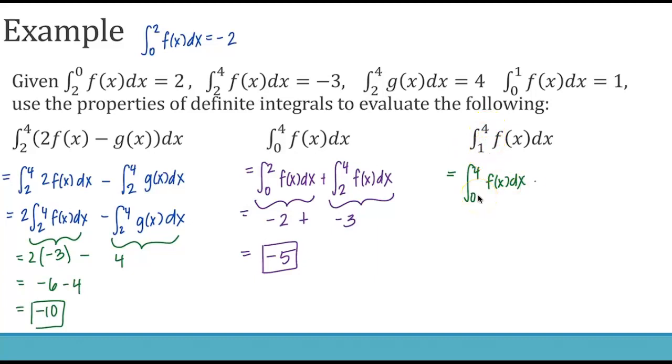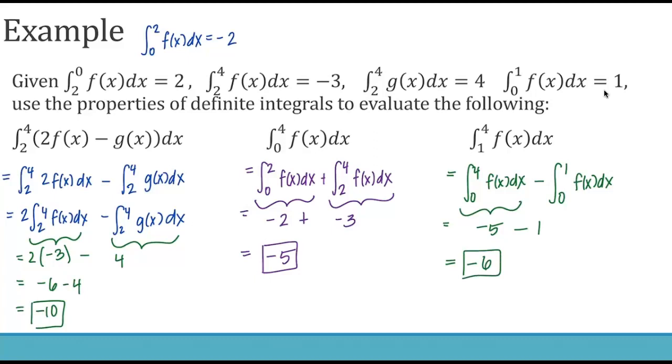So we're going to subtract everything from 0 to 1 of f of x dx. So we have this answer from the previous part. The integral from 0 to 4 of f of x dx was negative 5. So this whole thing is negative 5 minus this part was given. The integral from 0 to 1 of f of x dx is 1. So negative 5 minus 1 is equal to negative 6.